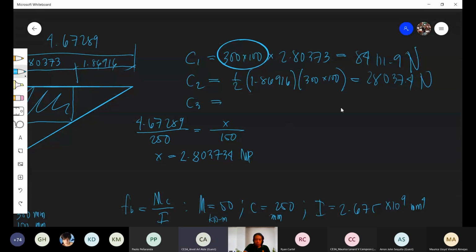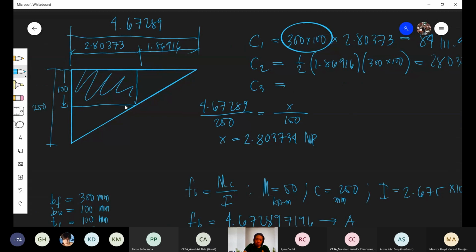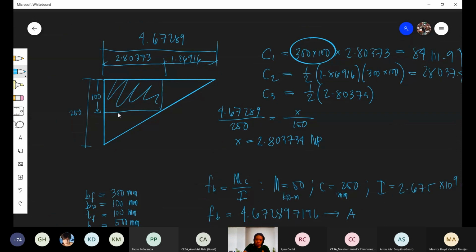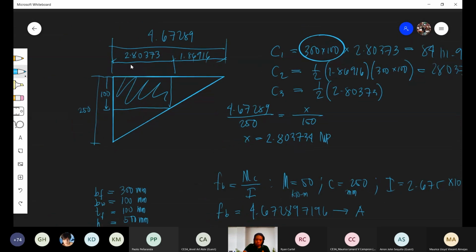C3 is 1/2 of the triangle, times 2.80373. You want to ask why 2.80373? Because that is the stress at that distance.